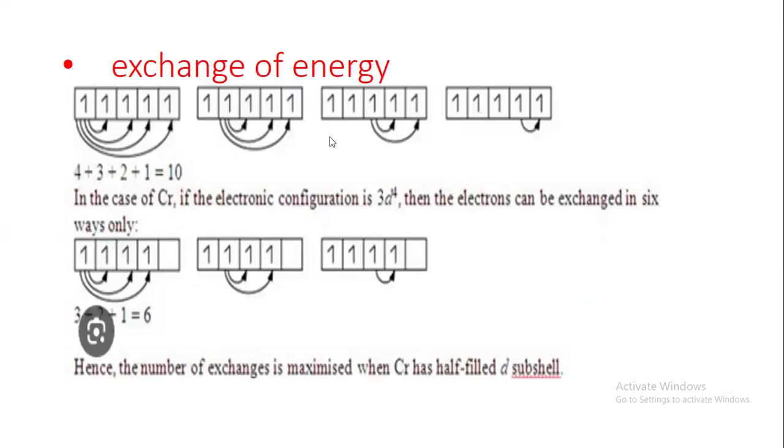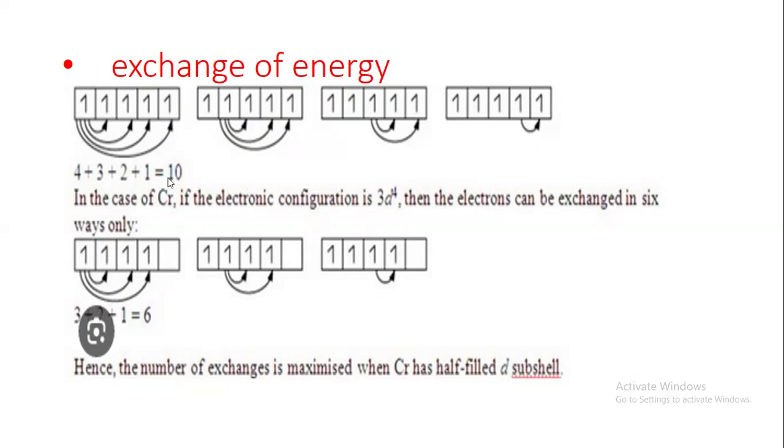Axis of energy in case of 3d5: there are 4 types of axis for the first electron. Similarly, the second electron 1 to 3, and third 2, and fourth the 1.